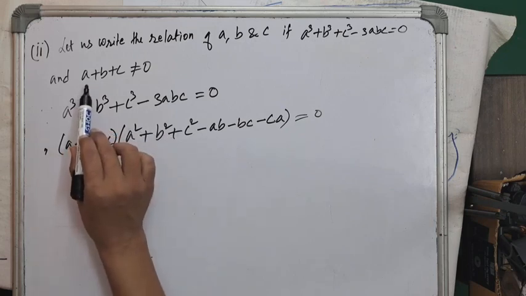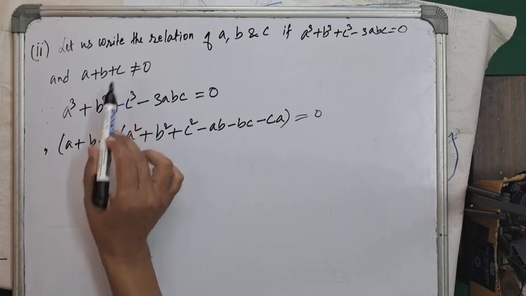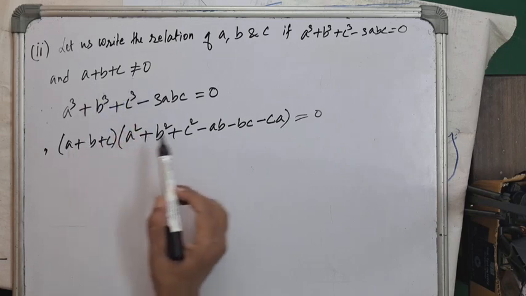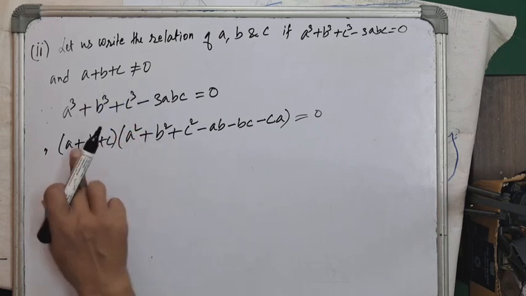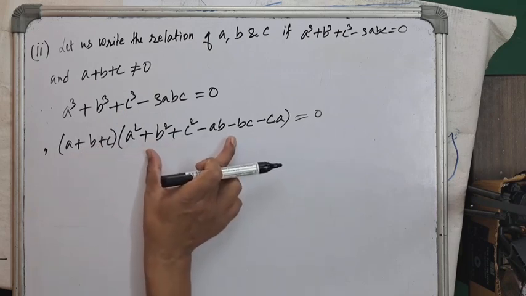But the second condition is A plus B plus C is not equal to 0. This is given to us. This is not 0, which means this must be 0, because this number into 0 will give us 0. So this expression must be equal to 0.